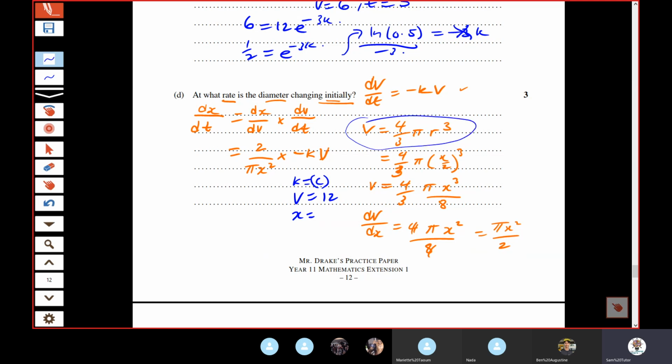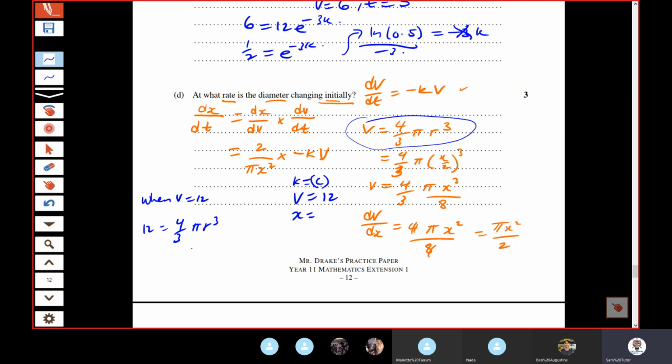You already know what the volume is. Volume is 12. So you're going to sub it in here, solve for radius, and then eventually times it by 2. So I'll do that on the side. When V equals 12, you get 12 equals 4 over 3 pi r cubed.